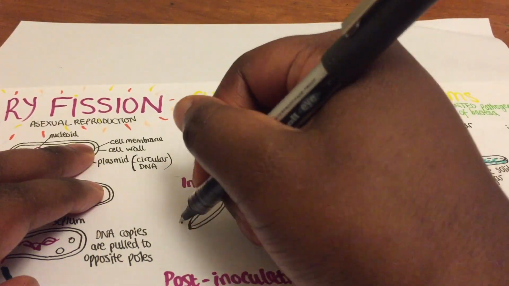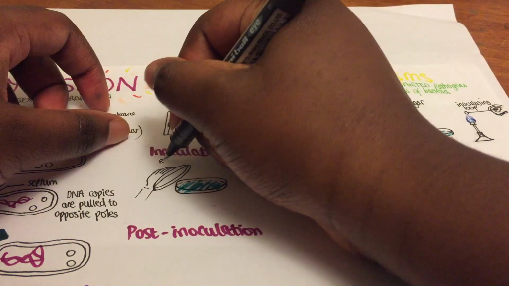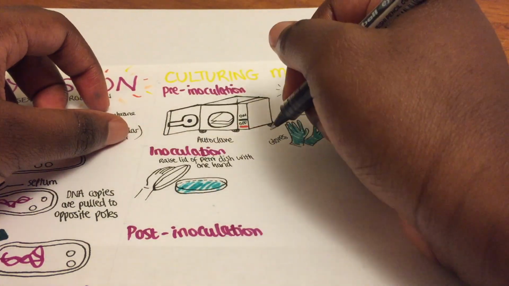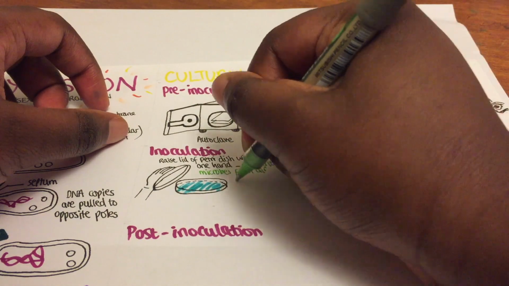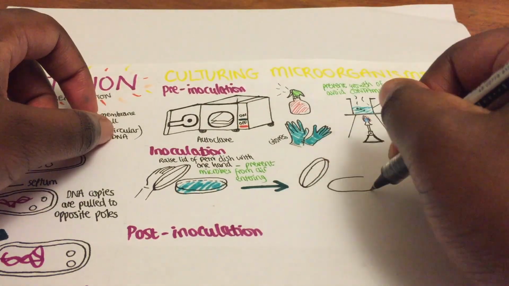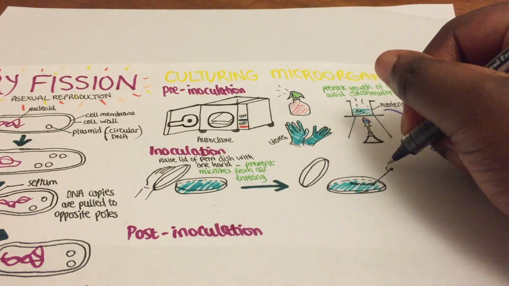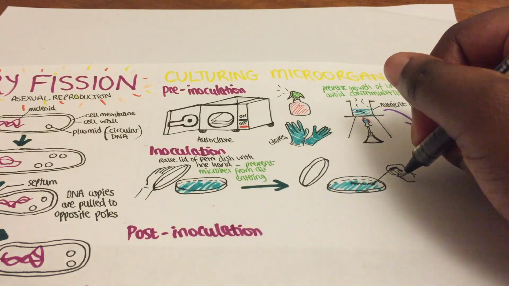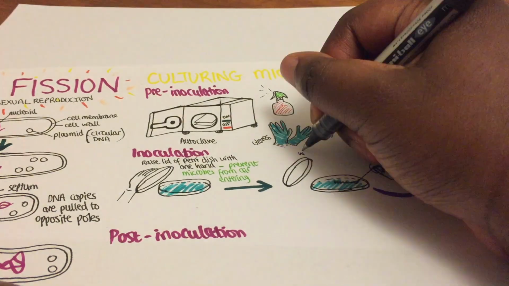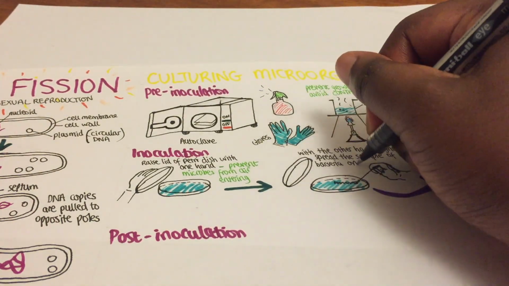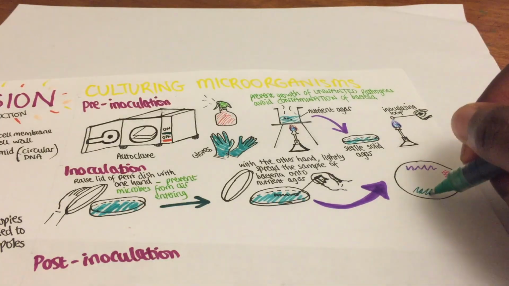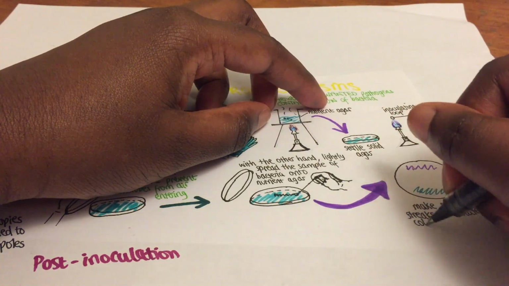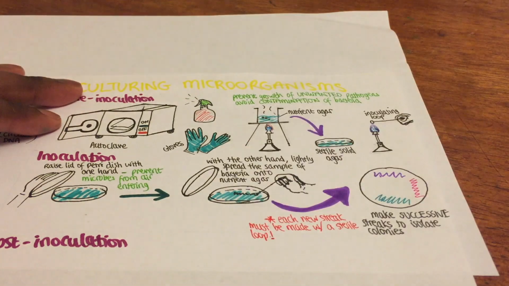Once the agar jelly in the petri dish has cooled down, raise the lid of the petri dish slightly to prevent microbes from the air entering. The sterile inoculating loop is used to transfer bacteria to the media. A zigzag motion ensures that there is an even covering of bacteria.